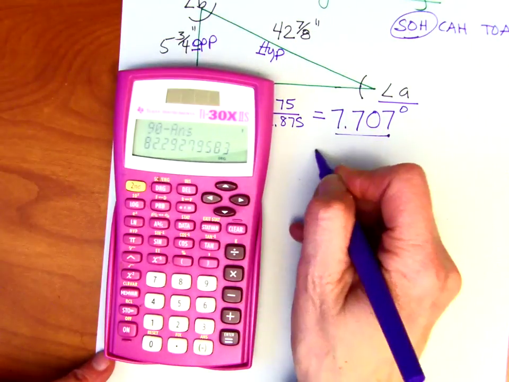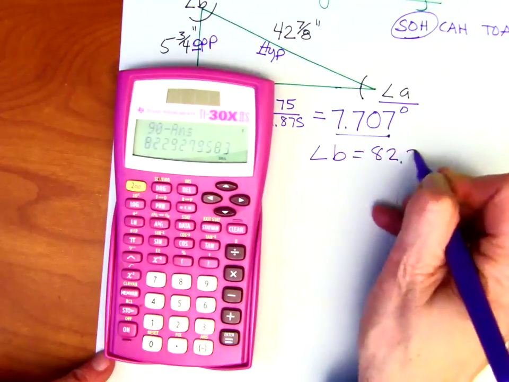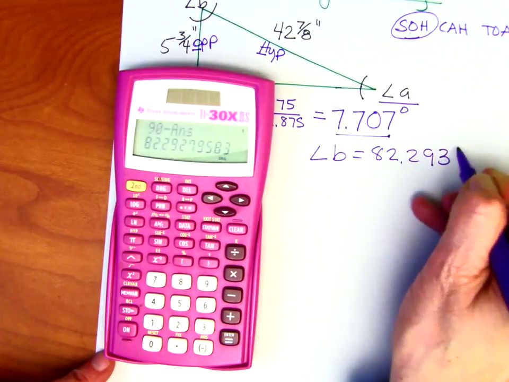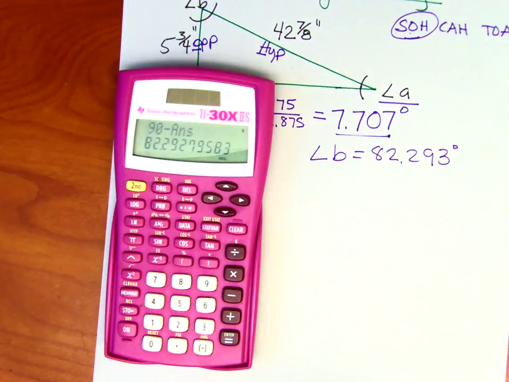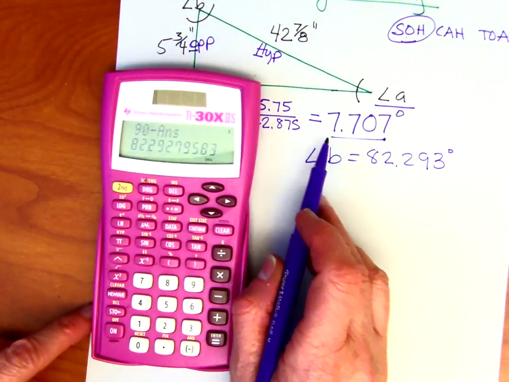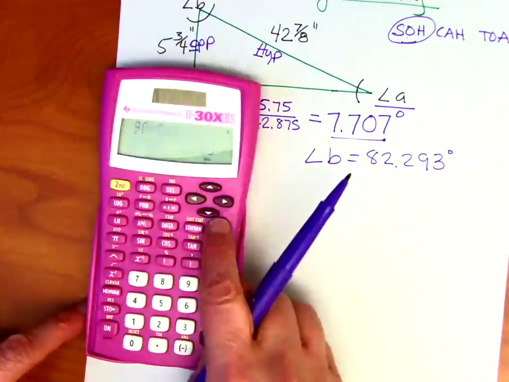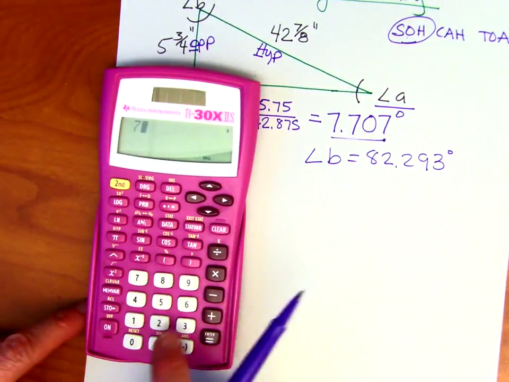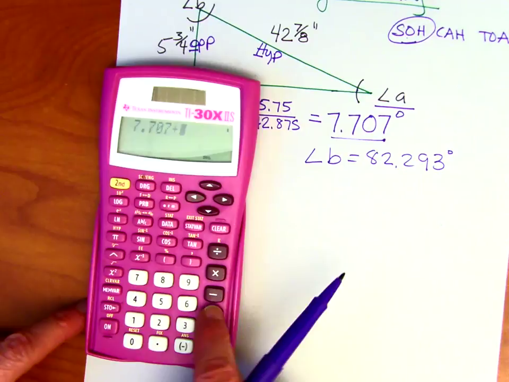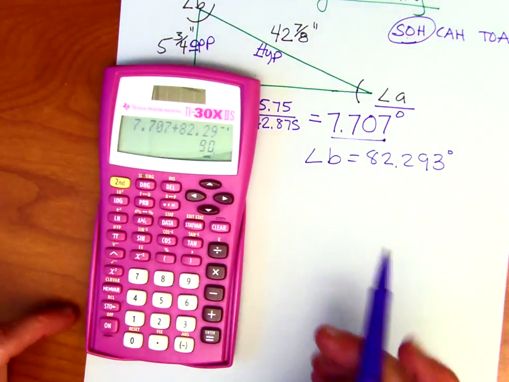So our angle B is now going to be 82.293 degrees if we're rounding to the 3rd decimal place. And to double check, we could just add these two together: 7.707 plus 82.293, and sure enough, it is 90.